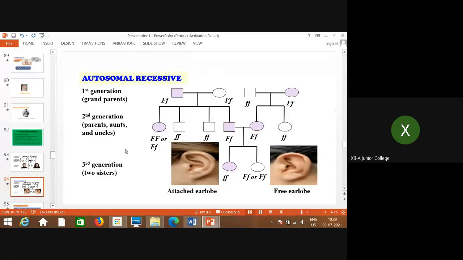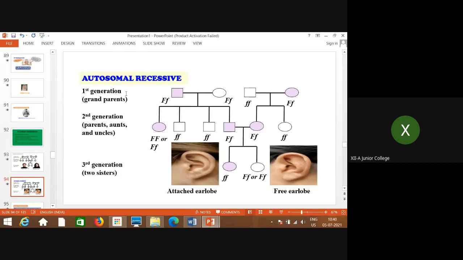When this attached earlobe is observed, in case of homozygous dominant or heterozygous condition, then it is exactly the opposite condition. This is the recessive form.